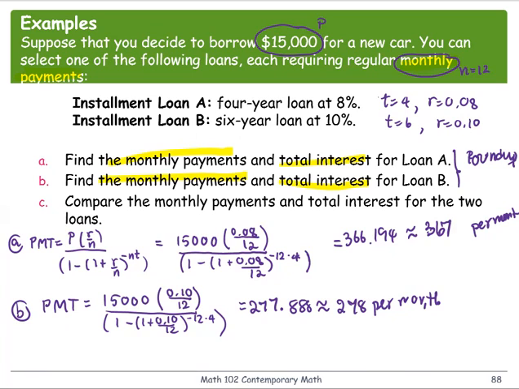So I'm gonna add another slide to have more room to work on the problem. So for loan A, the monthly payment or the PMT equals 367.